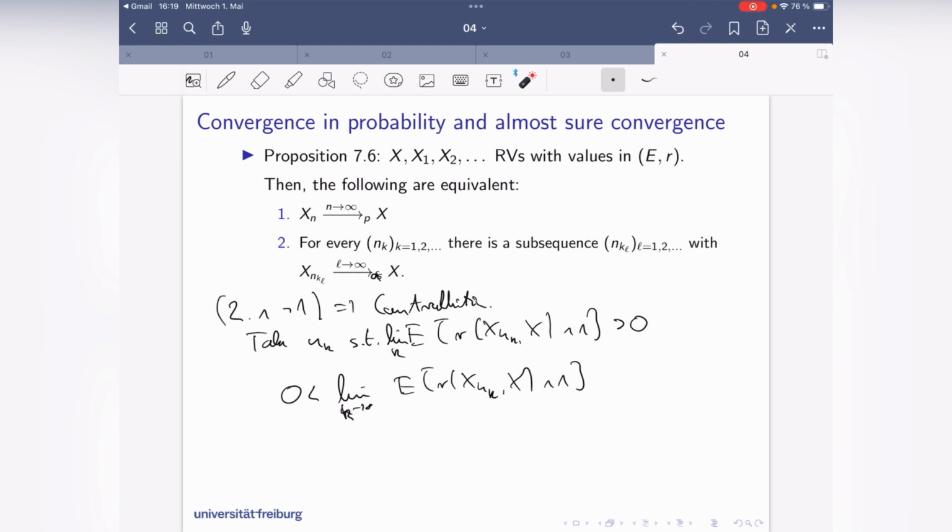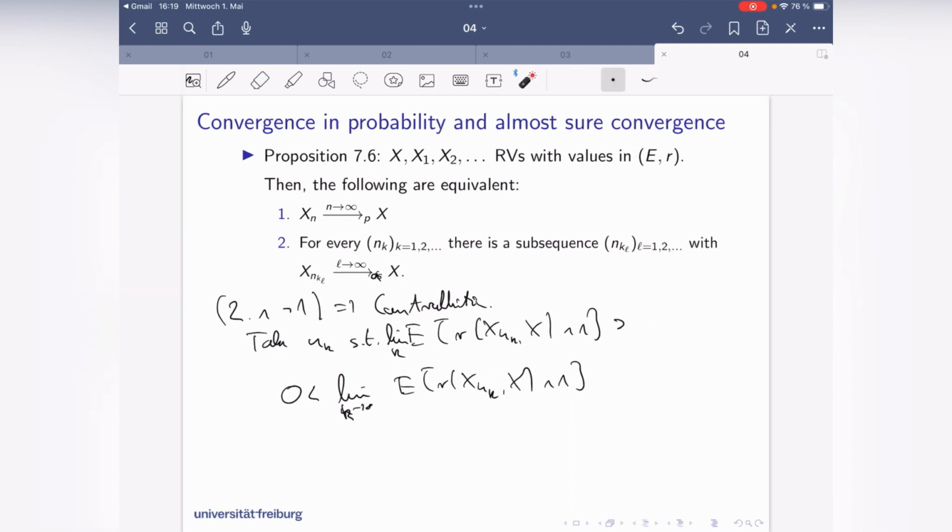Just a moment. So this difference, ρ(X_{n_k}, X) minimum 1, is on the one hand bigger than 0. But even more is true. I think I have to be a bit more specific.